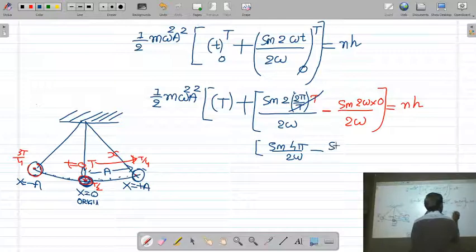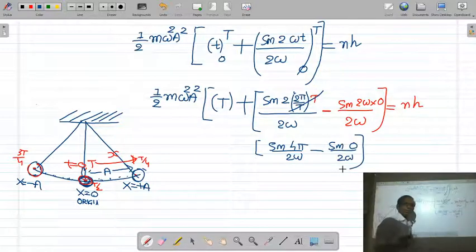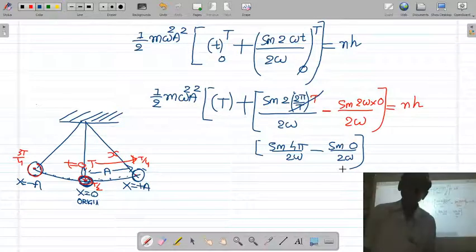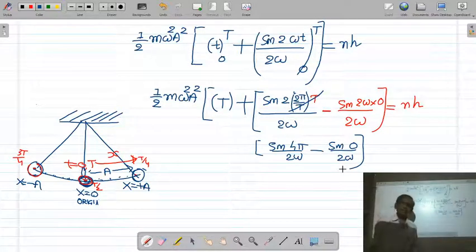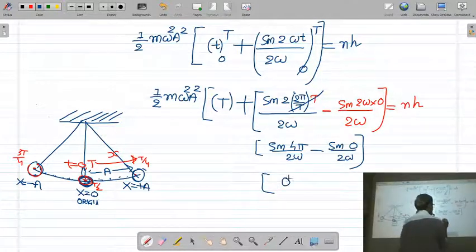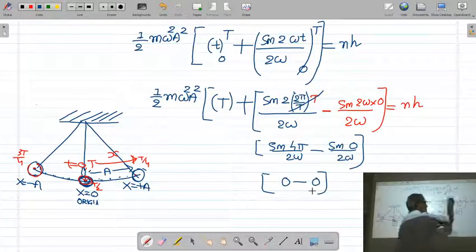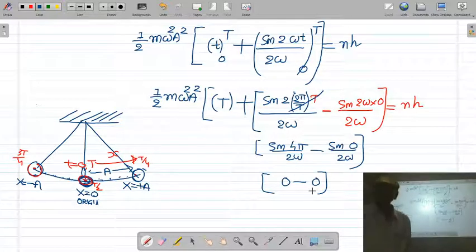In the second term, you have sin 2 omega into sin 0 upon 2 omega. You know very well that sin is a periodic function. The value of sin 0 is 0, sin 2 pi is 0, sin 4 pi is 0. So the value of sin 4 pi is 0 and sin 0 is also 0. So the second integral will not appear in this equation. So it is 0.